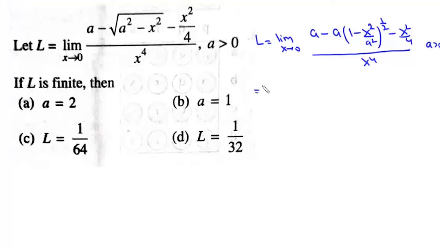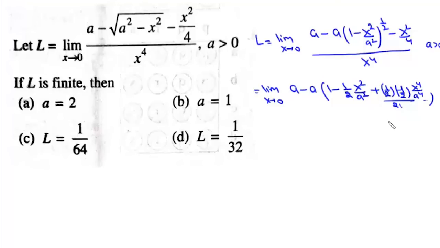So what we'll do is, we'll use the series expansion of binomial. So it will be this limit x tends to 0. Now this is a minus, and this is 1 minus 1 by 2 x square by a square, and then plus it will be this n minus 1, and then x to the power 4 upon a to the power 4 divided by factorial 2, and then minus x square upon 4, whole divided by x to the power 4.